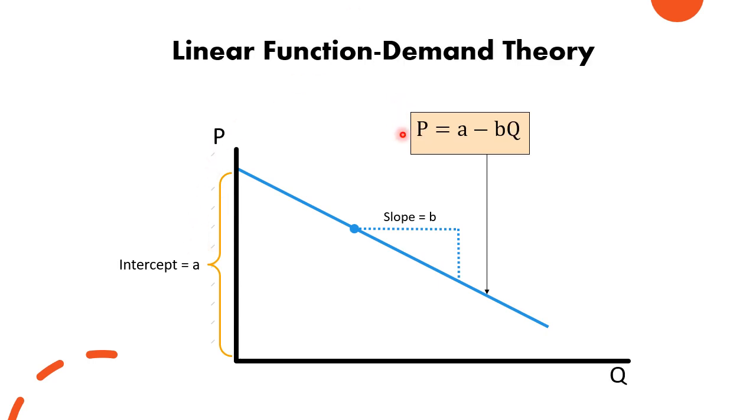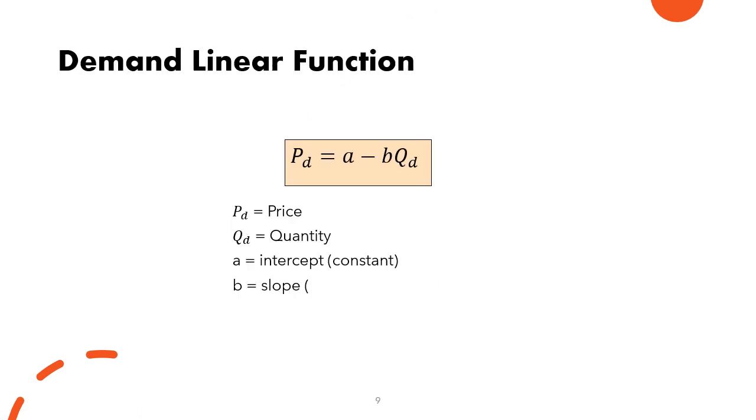And to apply that into the demand function, we just change the y with p and the x with q. Similar intercept and similar slope. Just change the symbol over there. And for our demand linear function, we add the name of the p.